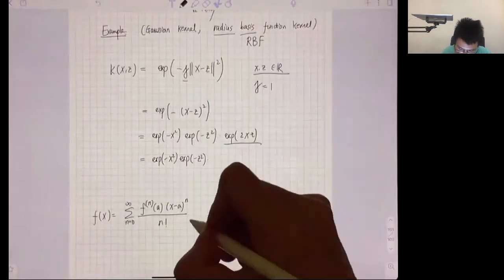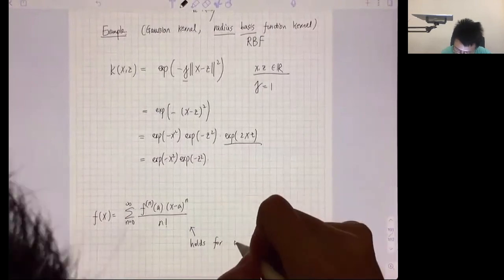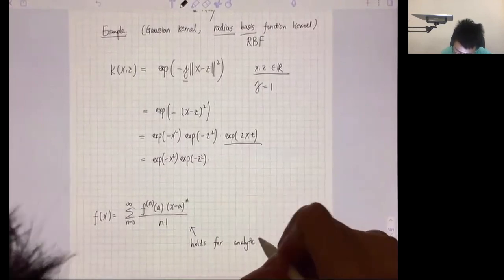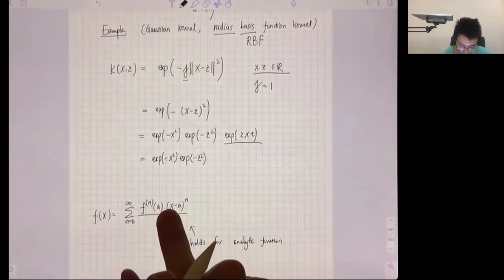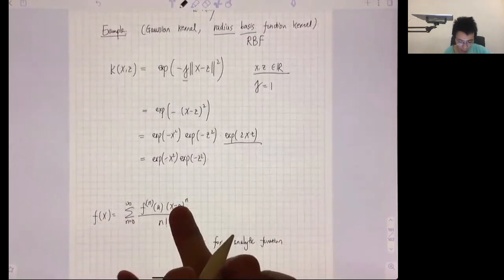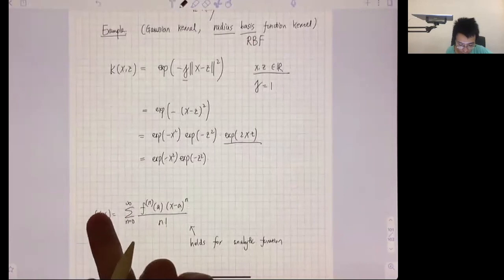So this only holds for analytic functions. If it's not an analytic function, then if x is far away from a by at least a small number, there's no obligation on what the function value of x is, okay?